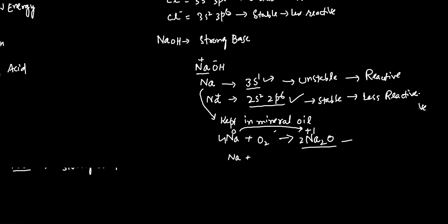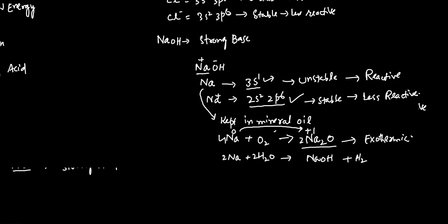This is also an exothermic reaction, so it's a dangerous reaction, because sodium would always like to react with oxygen, and sodium also tries to react with the moisture whenever it comes in contact with the moisture. And here the sodium is converted into sodium hydroxide, and you have another product released, which is hydrogen. Let's balance this.